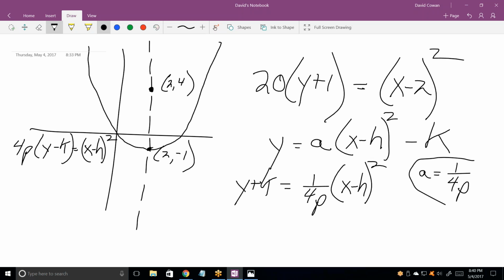Let's use that one. So all I did was move the k to the left and change a into 1 over 4p. We're not worrying about p equals 1 over 4a right now? No. It's a true statement, but it's not helpful here. Now, what happens if I multiply both sides of the equation by 4p? I get this.